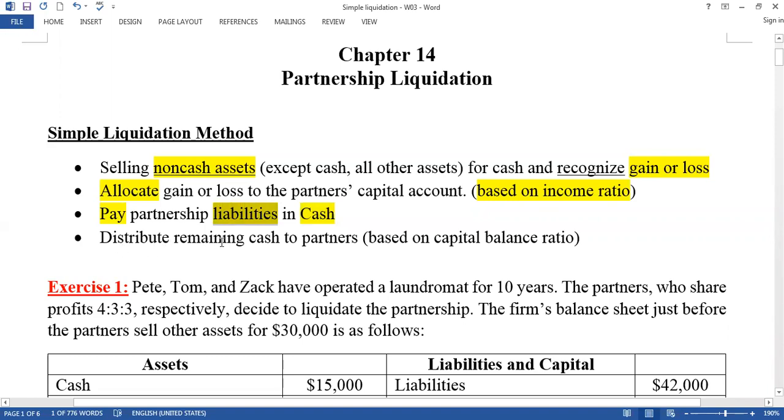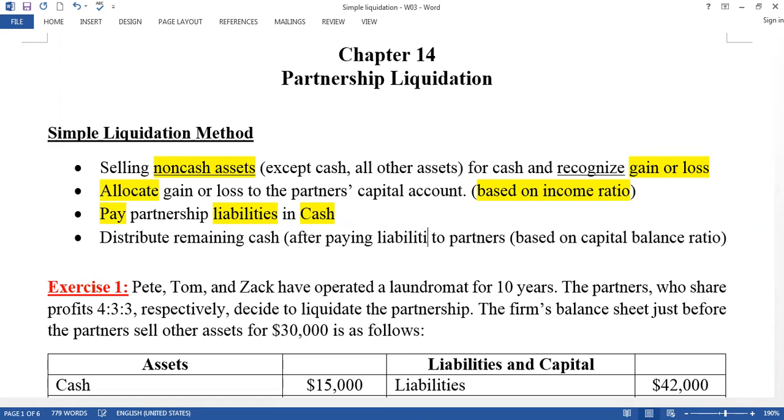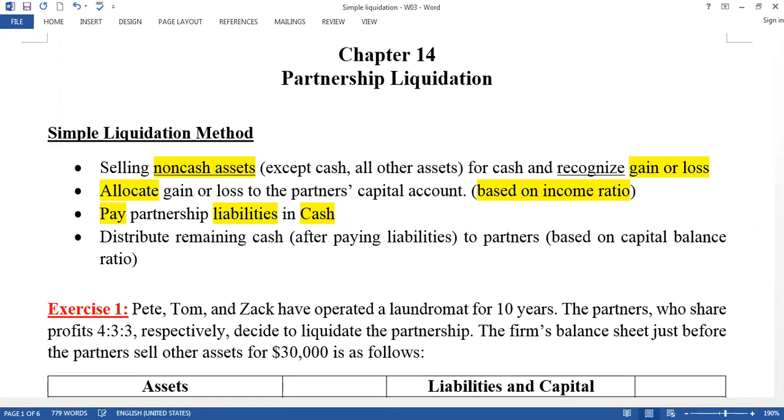Then distribute the remaining cash. Remaining cash means after paying liabilities. After paying the liabilities, the remaining money goes to the partners, and when it does, we have to follow the capital balance ratio.